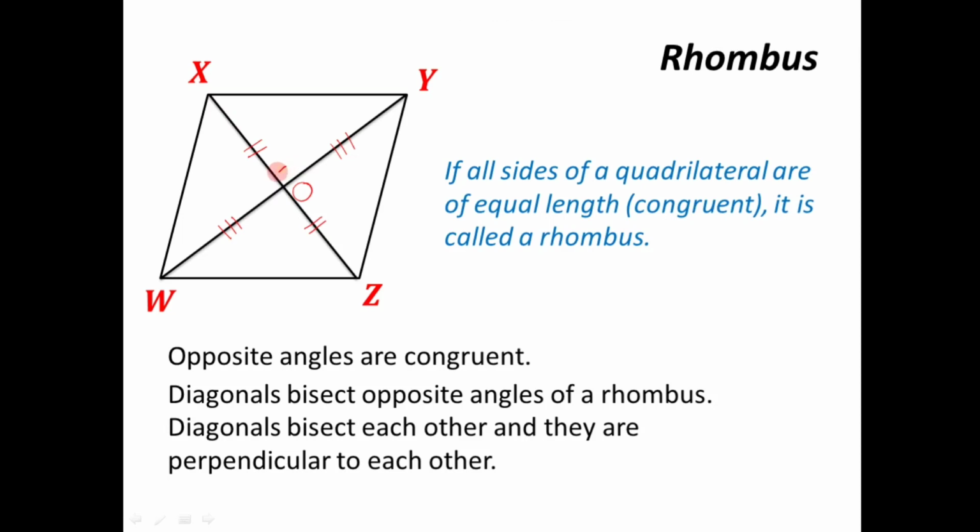That means the angle between them is a right angle. So this is the property of a rhombus, that is diagonals of a rhombus bisect each other and they are perpendicular to each other.